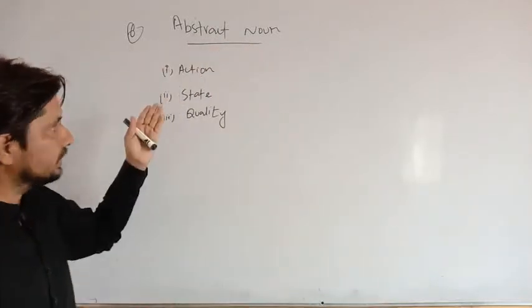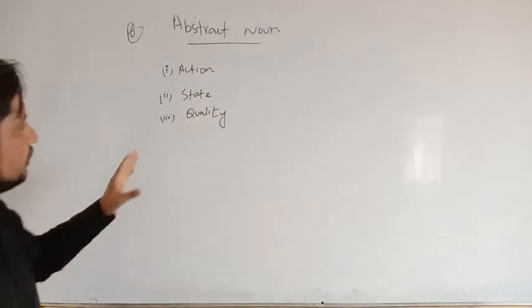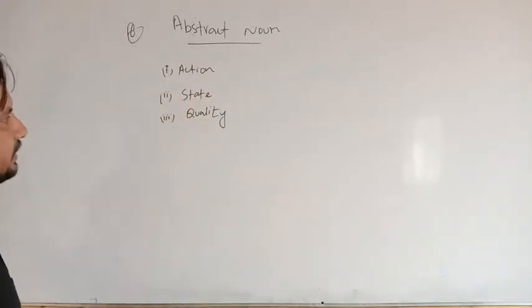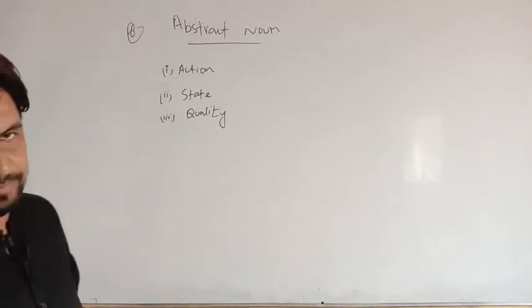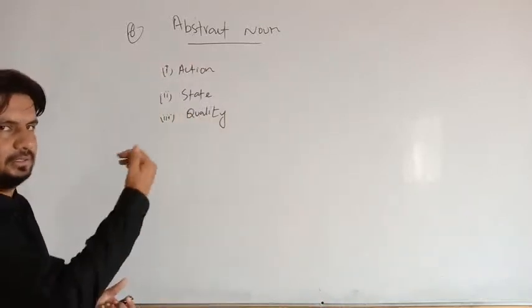Quality, action, state. These three terms you have come across many times in your life. So right now we are talking about in what category these three terms are included, what is the purpose of these three terms, and what are these three terms?